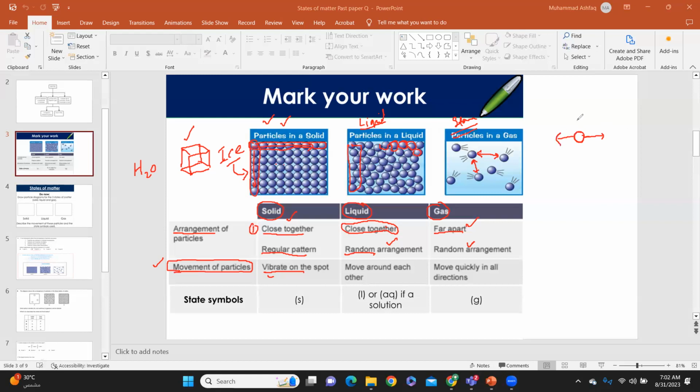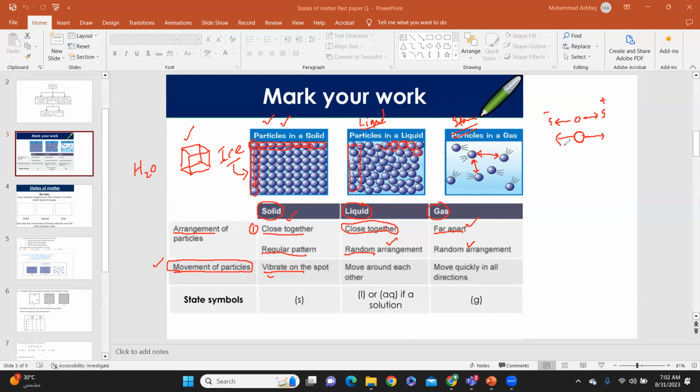For example, here is 0. It moves to the right side 5 millimeter or 5 nanometer. Again, it moves 5 millimeter or 5 nanometer towards the left. Here 5 plus, here 5 minus. So during vibration the particles don't change their place, just movement like this.